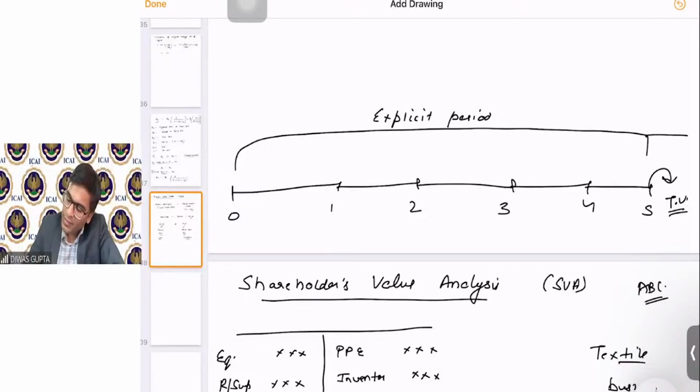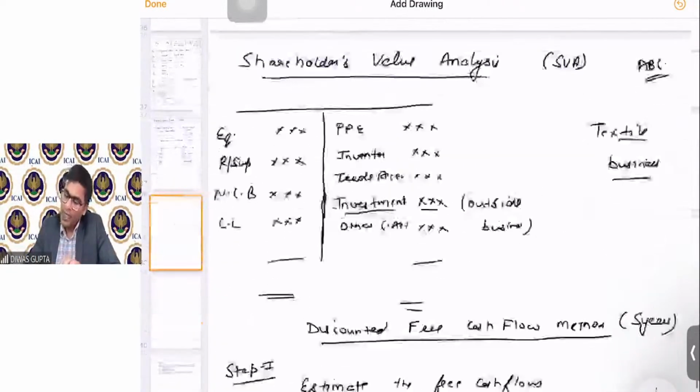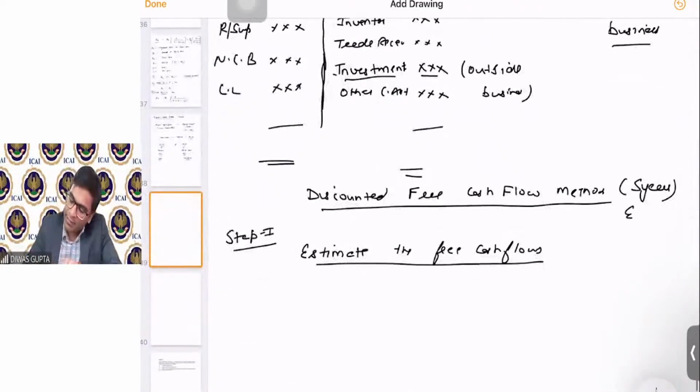And beyond this is called as the terminal value. So terminally, what is the value coming out to be? Okay. So I have taken 5 years as explicit period, and terminal value is what will be an outcome later on. So step one for analyzing the shareholders value is to calculate the free cash flows, students.